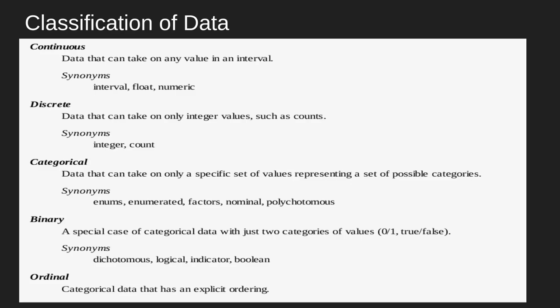Another form of data is known as discrete. It's kind of the opposite of continuous data. What discrete data represents is that there's a particular interval at which you will find the data. Data points lie apart from each other at regular intervals.